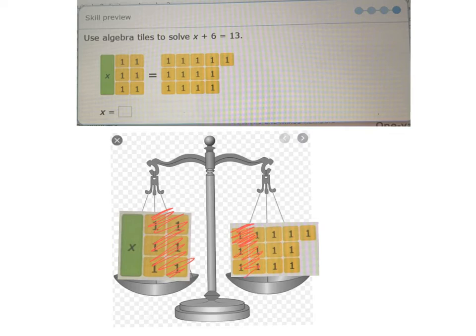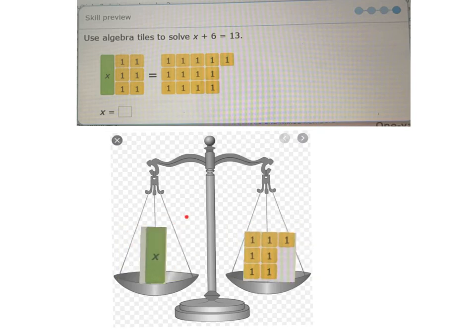But why, Miss Cooper? Because if they were equal and weighed the same amount before, and then I just took 6 away from this side, the scale would tip. In order to keep it equal on both sides of the equation, both sides of my scale, if I take 6 away from this side, I have to take 6 away from this side.